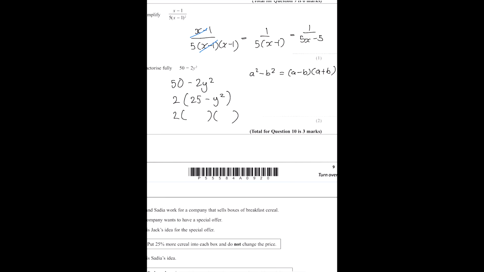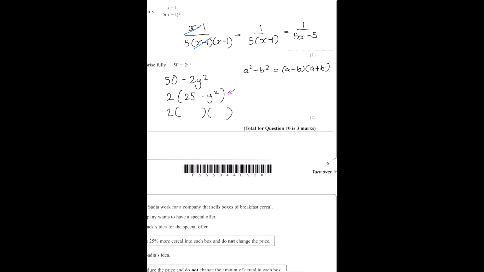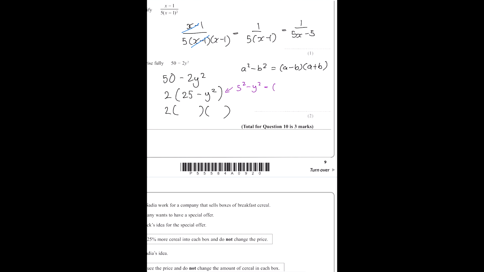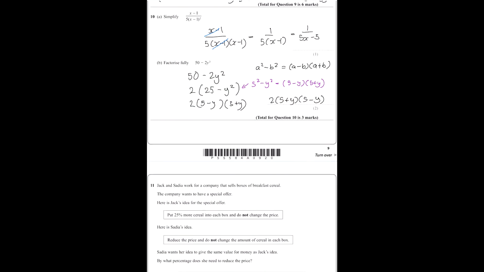So in our case, this can be written as 5 squared minus y squared. And so we have 5 minus y, 5 plus y, like that. So that's our answer. Again, it doesn't really matter which way round you write it. Perfect.